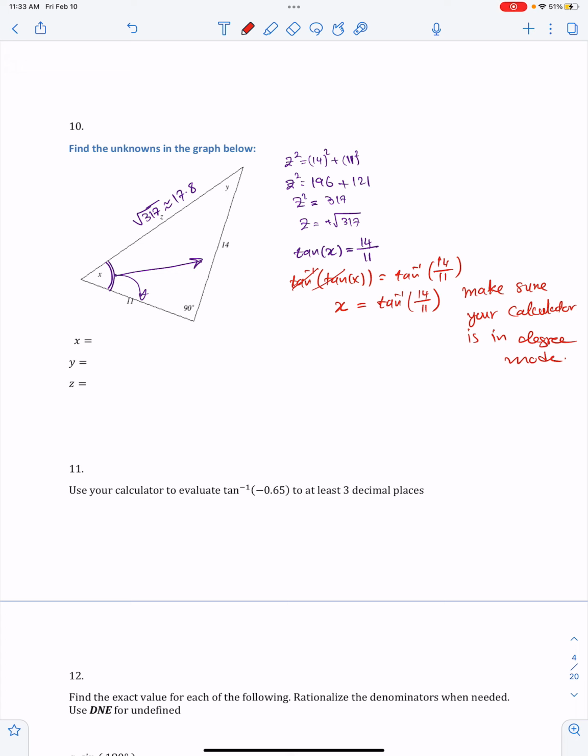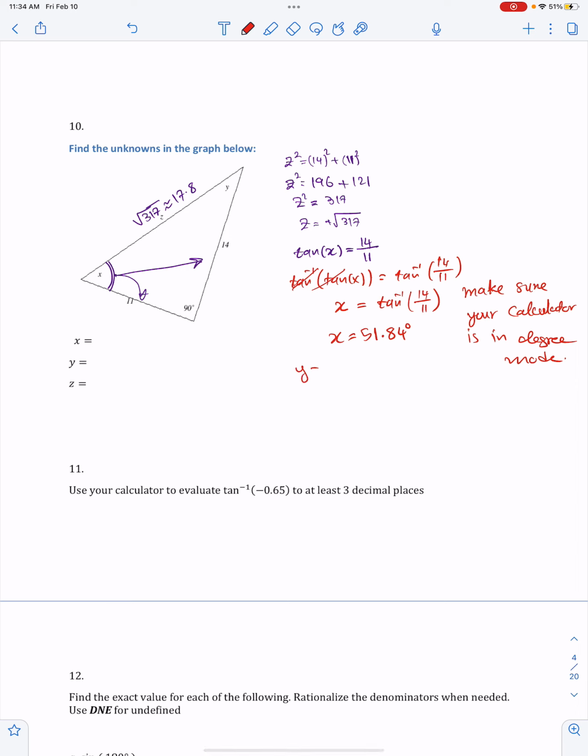So now the degree is blinking. We clear the screen, and we do second tangent of 14 divided by 11, close parentheses, and we get 51.84. So x is equal to 51.84 degrees.